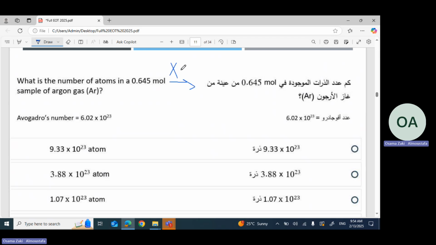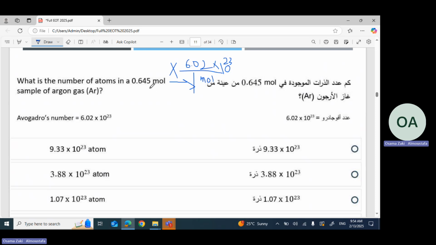By the Avogadro number, which is 6.02 times 10 to the power 23, which is given here. Okay, times 6.02 times 10 to the power of 23 particles over 1 mole.